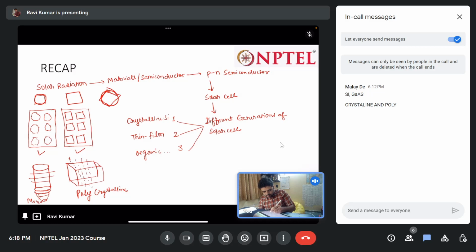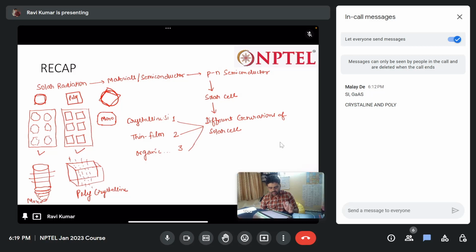So this shape will be somewhat circular on all four sides. These cells are monocrystalline and these cells are polycrystalline. So next time when you find any module nearby, you can see it and guess which type of technology it is, monocrystalline or polycrystalline silicon.